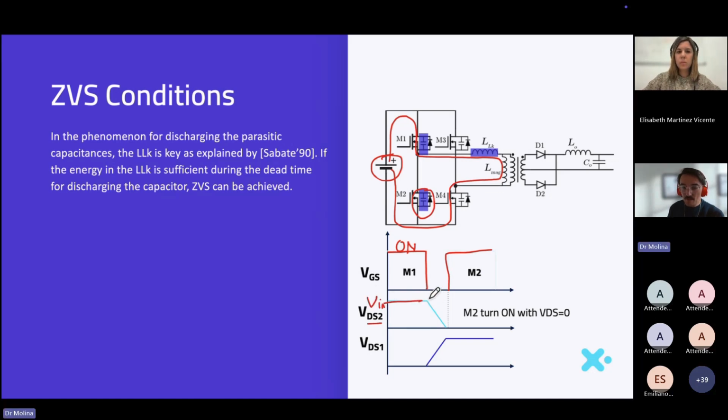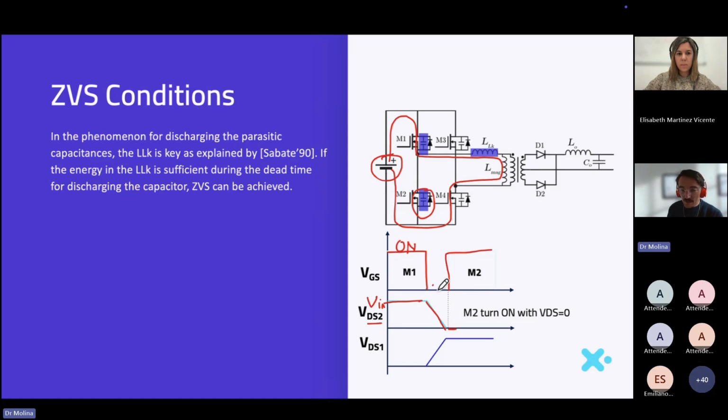What happens during the dead time, as this time is called, is that the voltage here drops, and when it reaches zero, we can switch on this one. The energy stored in this capacitor at the moment of switching is zero, which means we have a very smooth switching transition without losses.